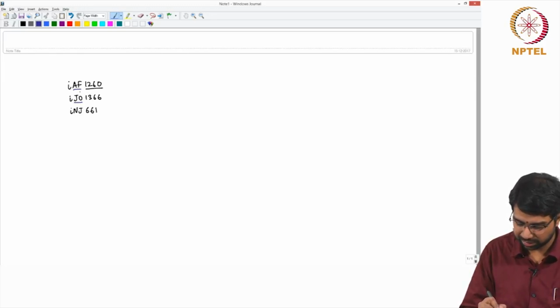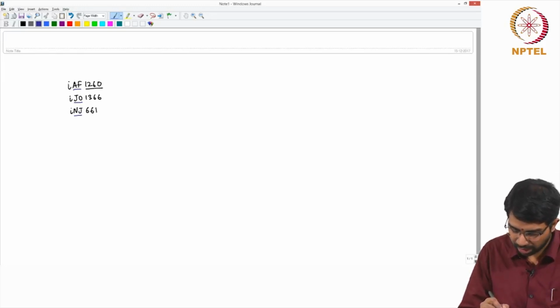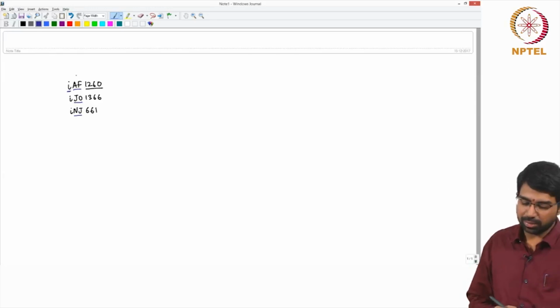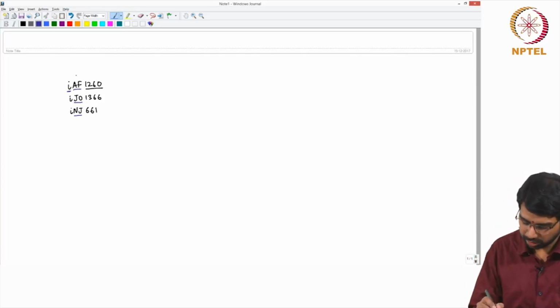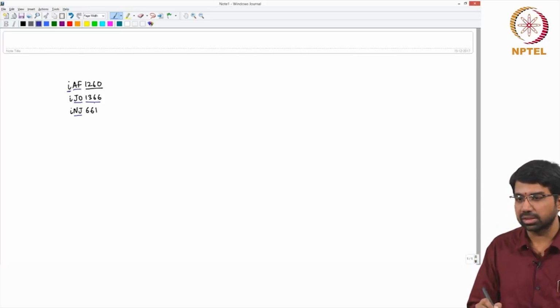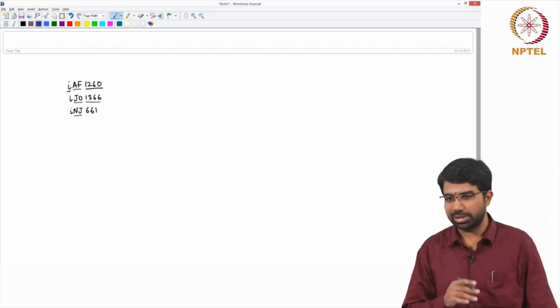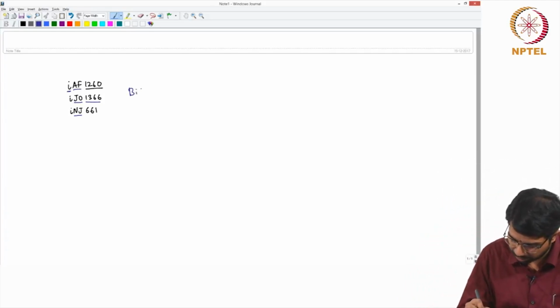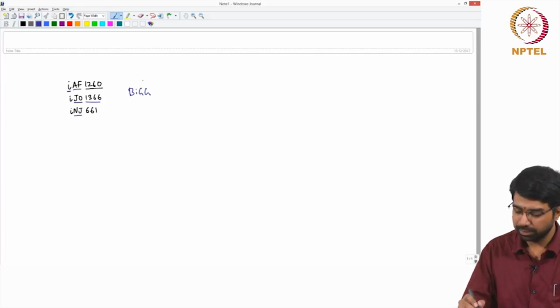So, this is Adam Feist, this is Jennifer Reed and this is Bernhard Palsson, and this just says that it is an in silico model. So, this is the nomenclature that is normally used. So, this means there are 1366 genes in this model, it does not talk about reactions or metabolites or any of those, right. And a very nice database that has most of these is called BiGG.